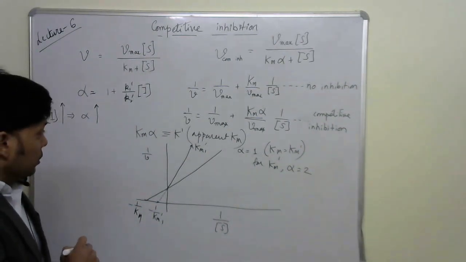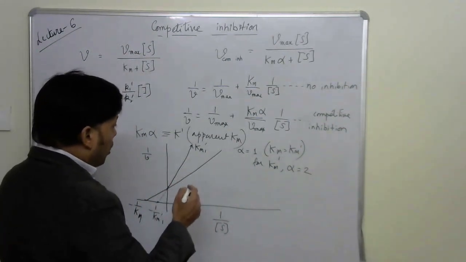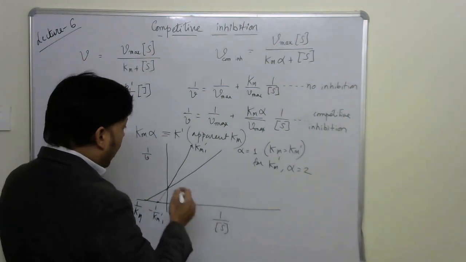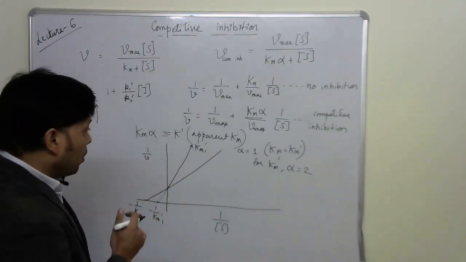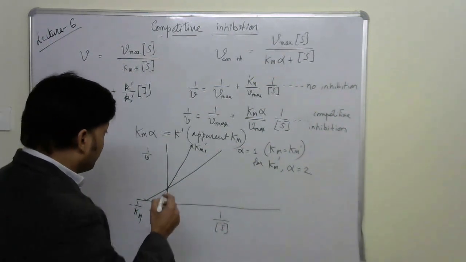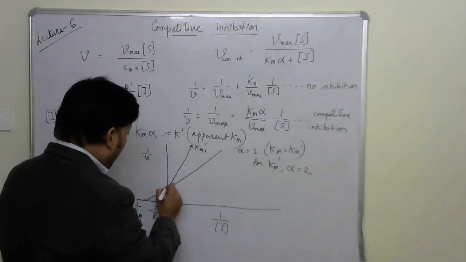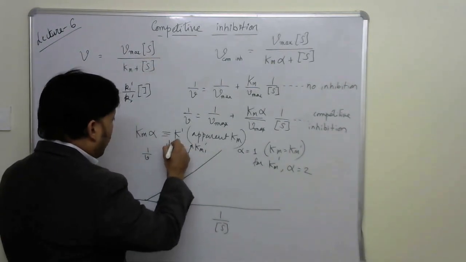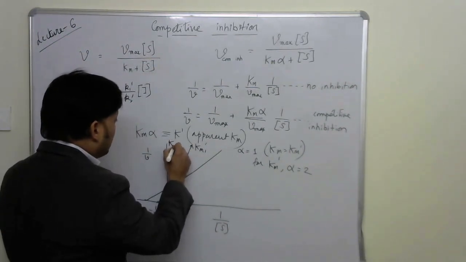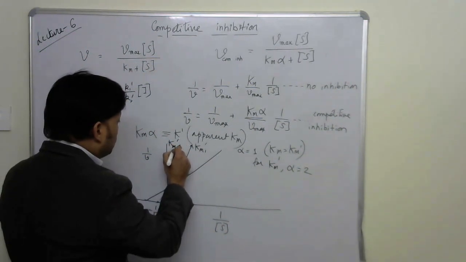Now I am going to draw the graph for alpha is equal to 3, that is, with an even higher slope or higher apparent Km. The higher apparent Km may look something like this, and we can call it Km prime 2.